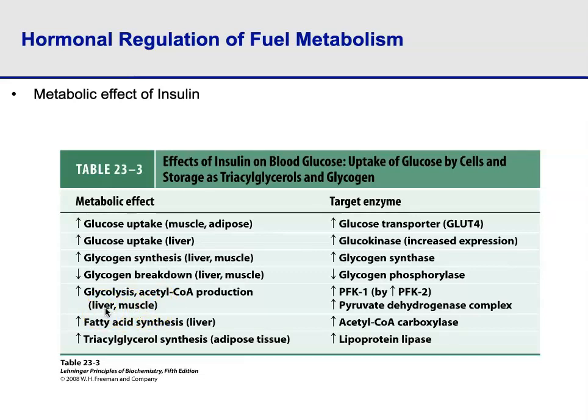Well, the liver does use some of that glucose for energy, but again, it will use the products of glycolysis for synthetic purposes. And you can see that right here, increased fatty acid synthesis by the liver, and of course triglyceride synthesis in adipose tissue. So this is the effect of insulin.